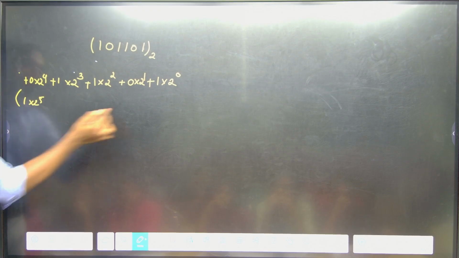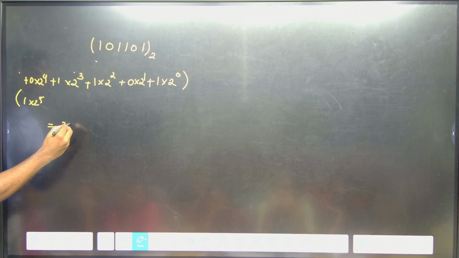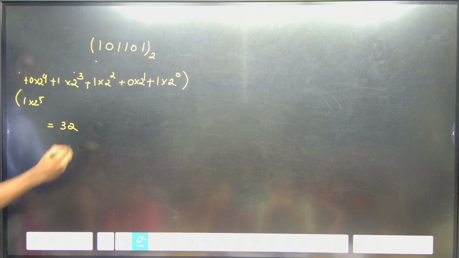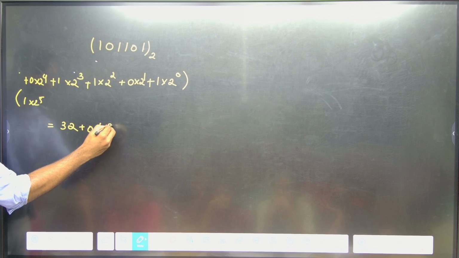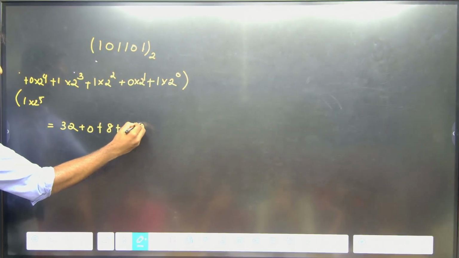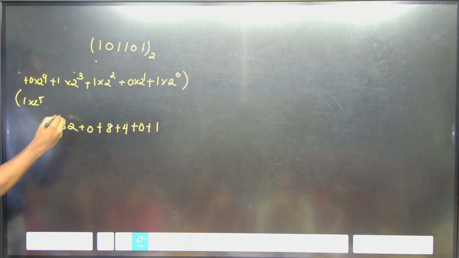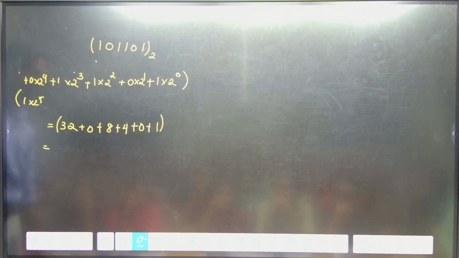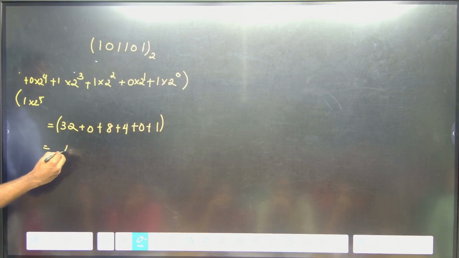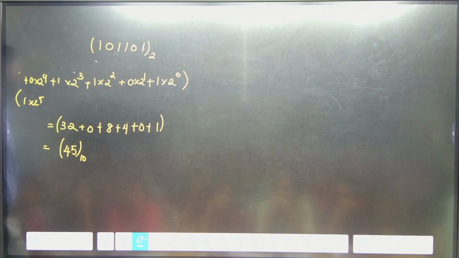So what will be the value? 2 power 5 is 32, correct? Plus 0 plus 8 plus 4 plus 0 plus 1. So what will be the value of this one? 32 plus 8, 40, 44, 45. So 45 it is in terms of 10.